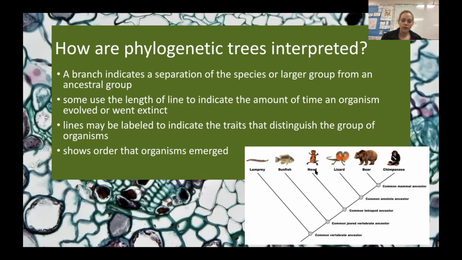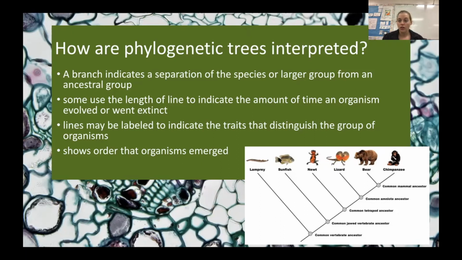The newt, sunfish, and lamprey just lay a mushy little egg in the water and it stays hydrated that way. If we keep going, we have a common mammal ancestor. So we see fur, milk production, legs underneath the body, some common characteristics of mammals. None of these organisms have those characteristics.